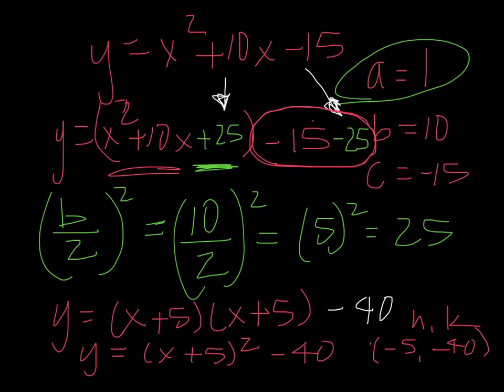Okay, so let's do another example that is a little bit harder. Here's an example of a quadratic function that has an a term, something other than 1.